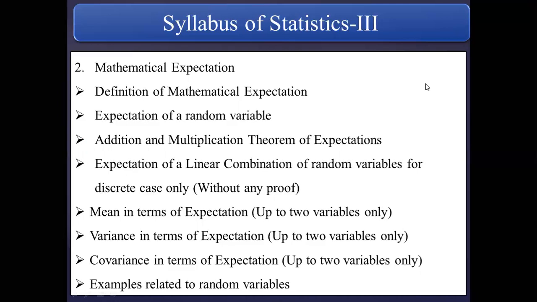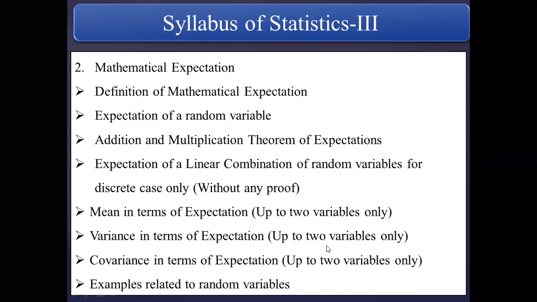And here we will not see any kind of proof. We will use the concept without using proof. Then after that we will see mean in terms of expectation up to two-variable cases.